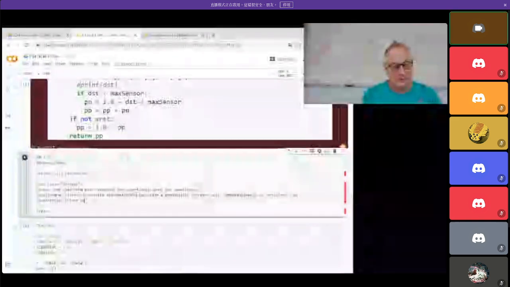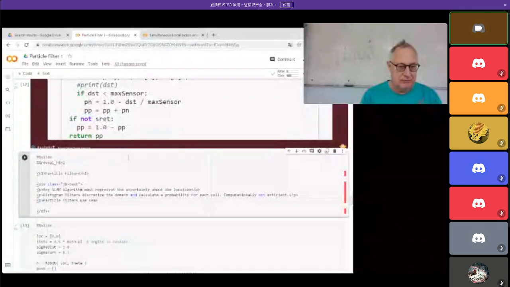Particle filters use what's called particles.